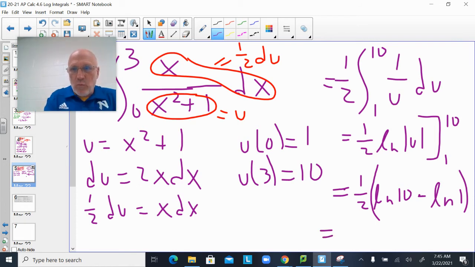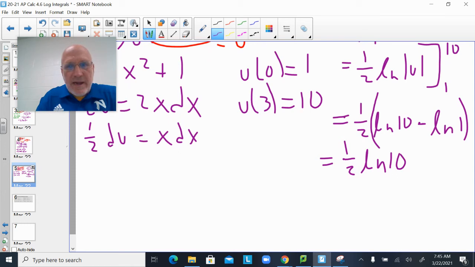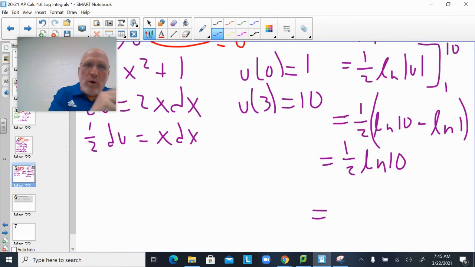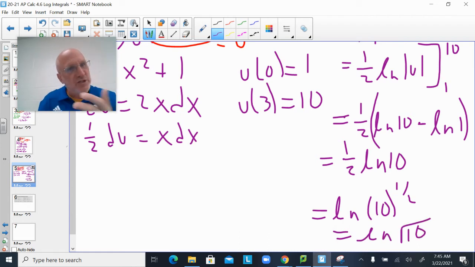This becomes 1/2 the natural log of 10. And there's nothing wrong with stopping there. I would stop there, but as far as what an answer choice might look like, you can of course make it a decimal. That's not my point. But remember that 1/2 out front, I could write this as natural log of 10 to the 1/2, which I could then write as natural log of root 10. Not better or worse, just equivalent.